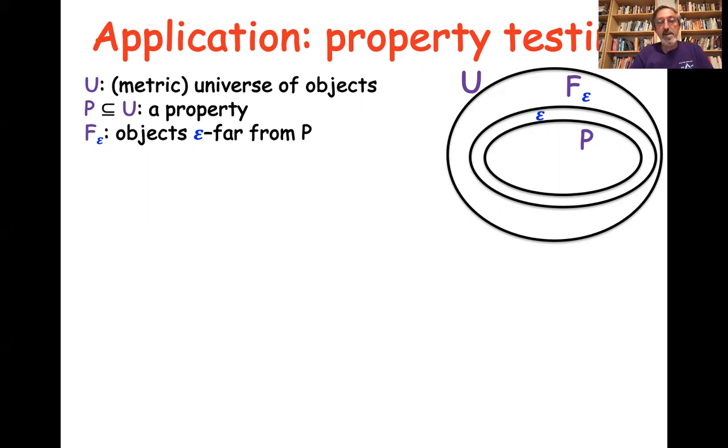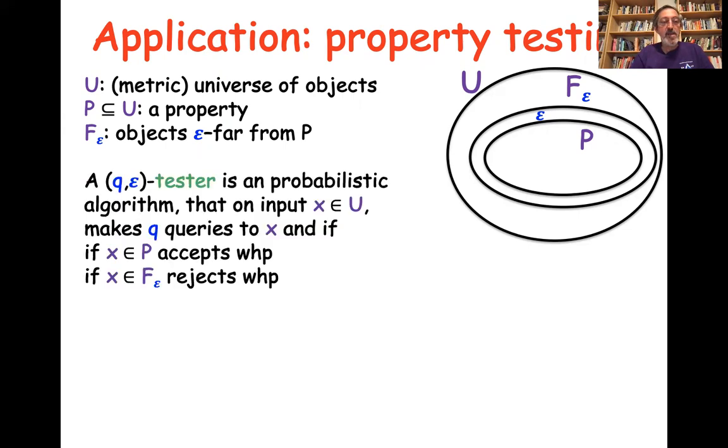And we have a subset in it, P, which we call a property. It's an arbitrary subset. And we want to distinguish elements of P from elements which are far from P. So we call F epsilon the objects that are at least epsilon away from any objects in P. And of course, we want to do it fast. That's the whole point of this distance.